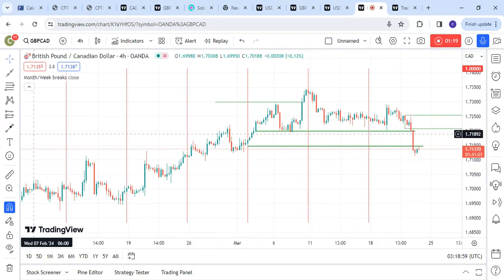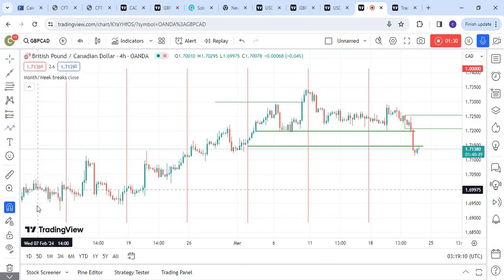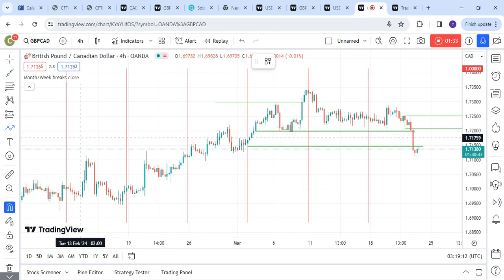So, how does the market usually operate? The market operates in this very manner from the higher time frame perspective.